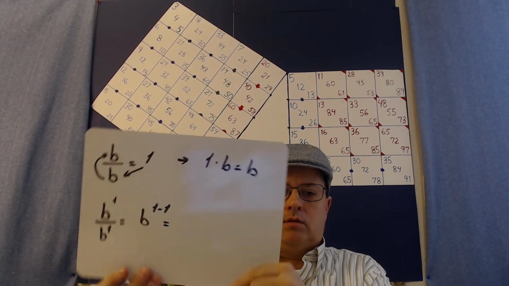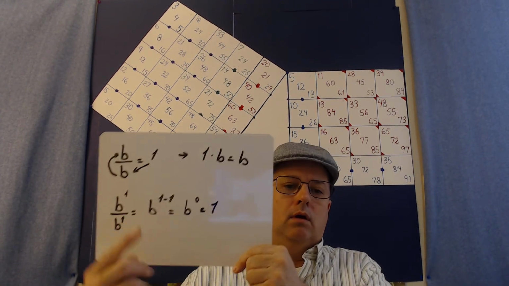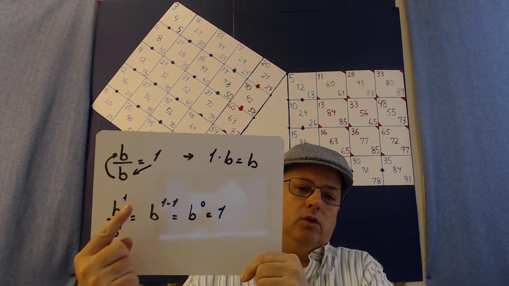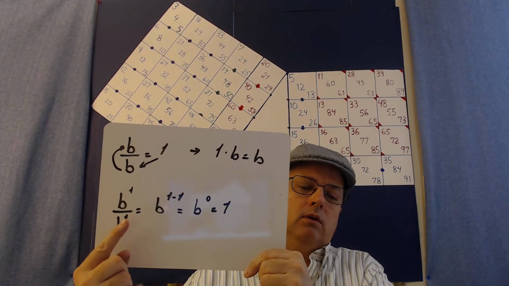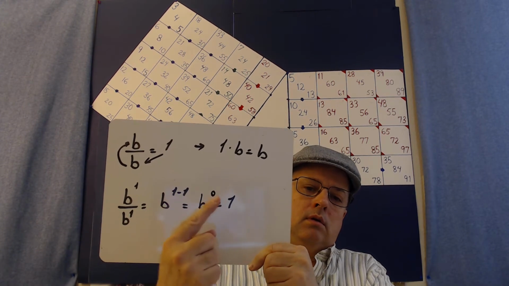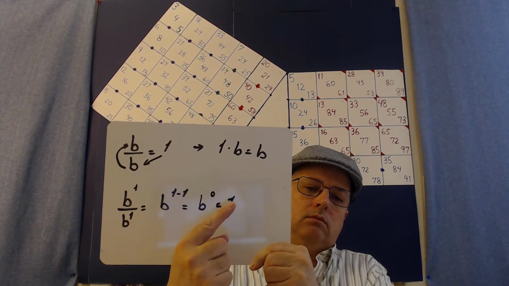And so that gives us b to the 0, and that's 1. B divided by b is 1. And 1 minus 1 is 0.